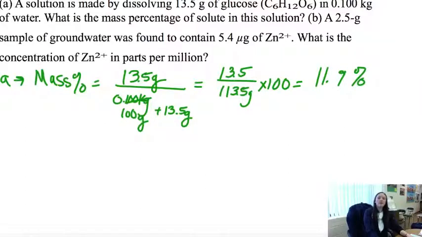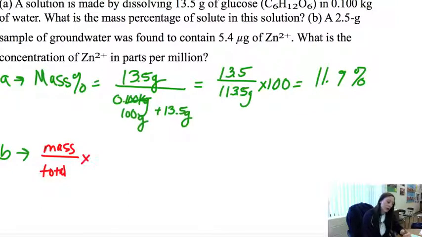All right, let's look at the next one with parts per million. A 2.5 gram sample of groundwater was found to contain 5.4 micrograms of zinc ion. What is the concentration of the zinc ion in parts per million? If I want parts per million, I take my mass divided by the total times 10 to the 6th.